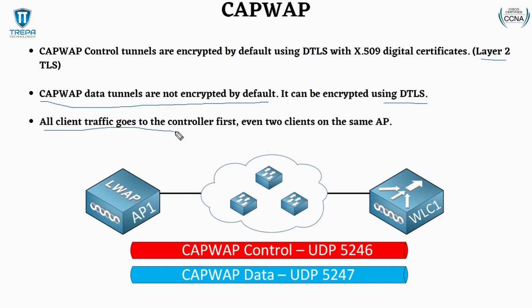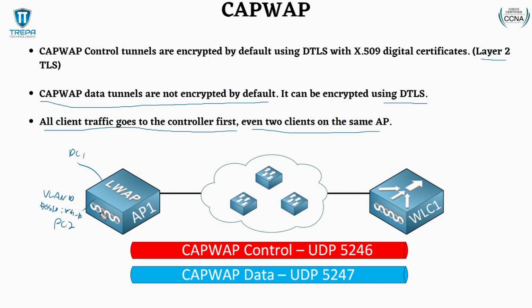And then all client traffic is going to go to the controller first, even if two clients sit on the same AP. So what are we talking about here? If I have PC1 here and PC2, and they're on the same VLAN 10, and they're connected to the same SSID, I said BSSID, which is like, let's say, Wi-Fi 10.